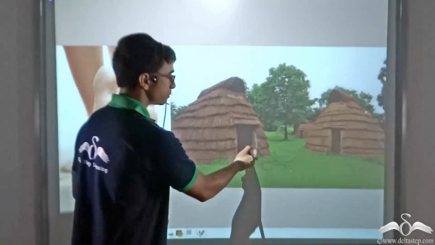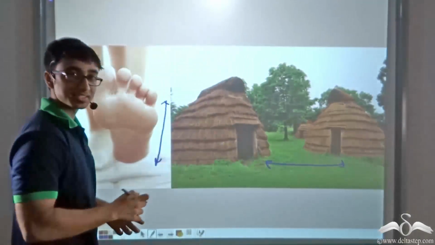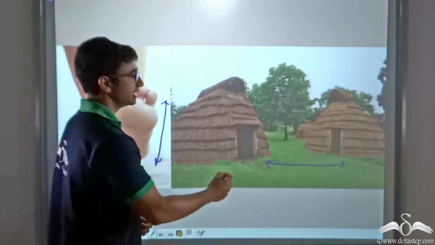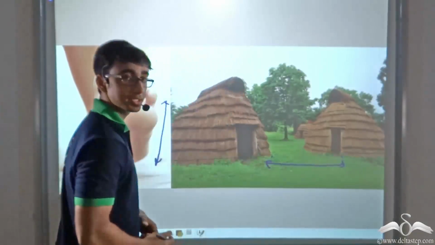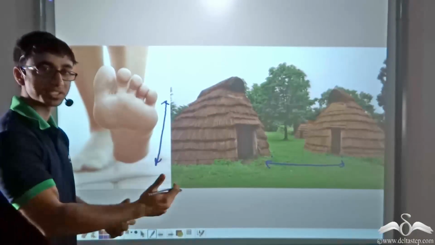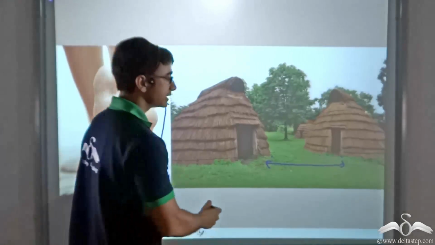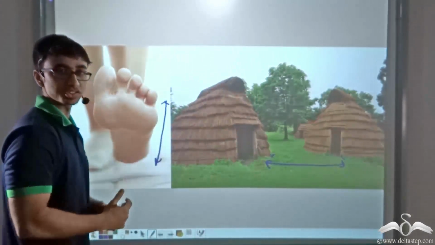So, let's say a person wants to measure the distance in between these two houses. So, instead of using his handspan, which would be quite inconvenient, he simply walks from this point to that point and measures how many steps he has taken. So, the number of steps he has taken, the distance he will say is that many feet in between the two houses.